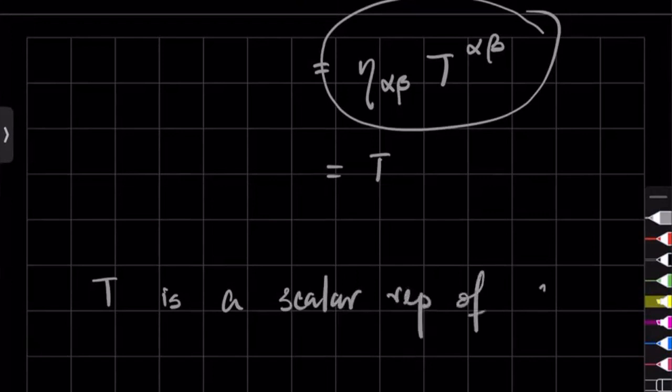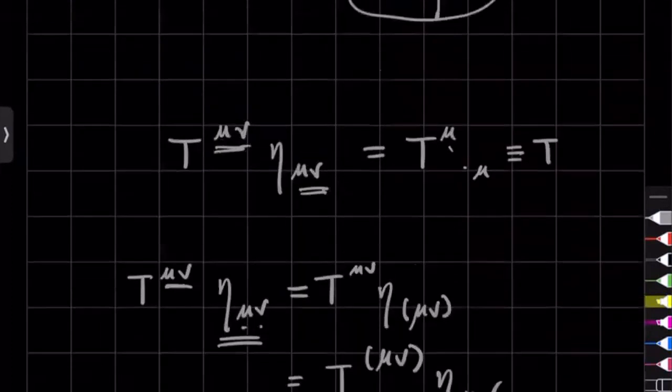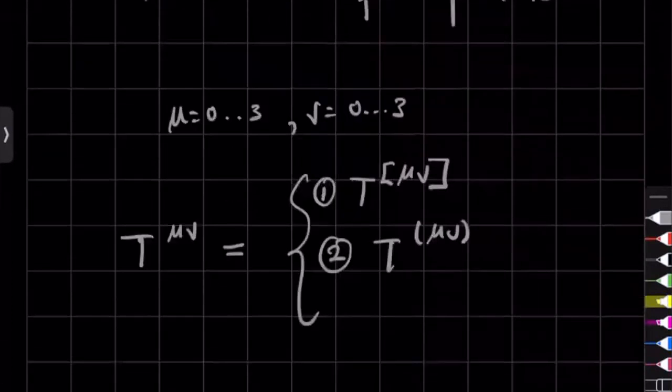representation of SO(1,3). Now, if I go back to this discussion, we see that, of the number of components this has, the scalar part of it is a separate representation.